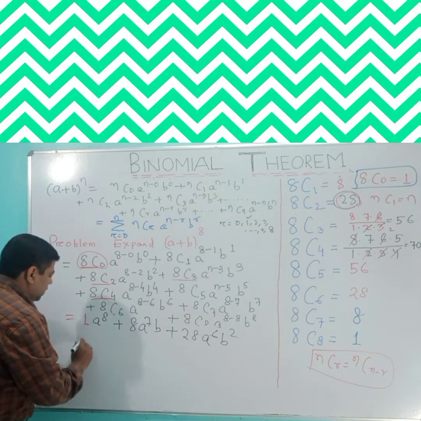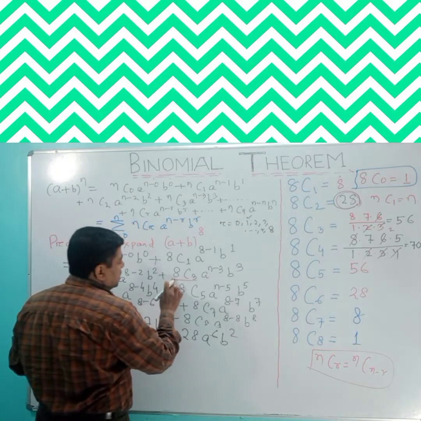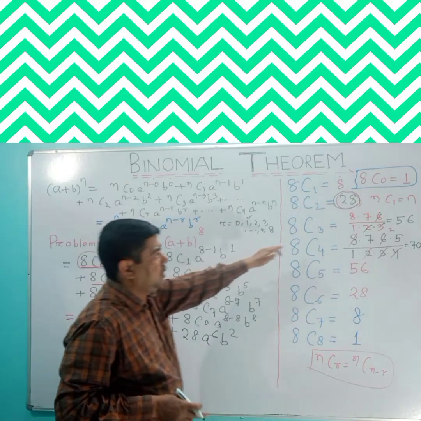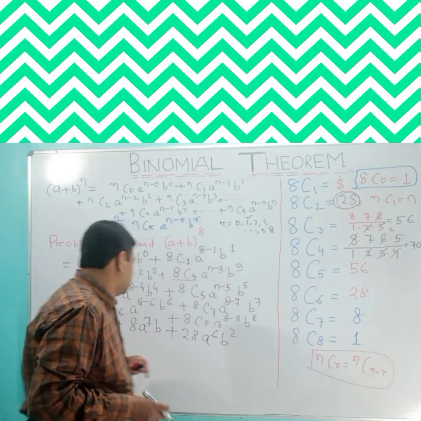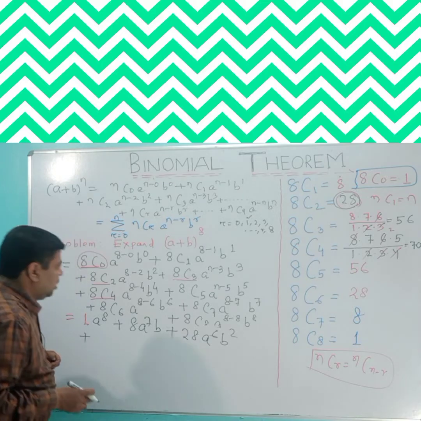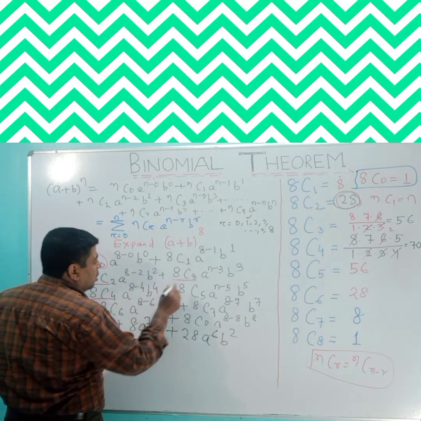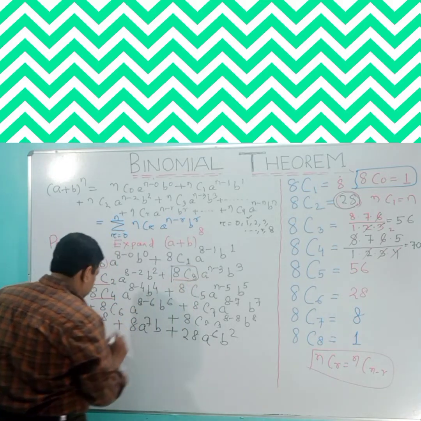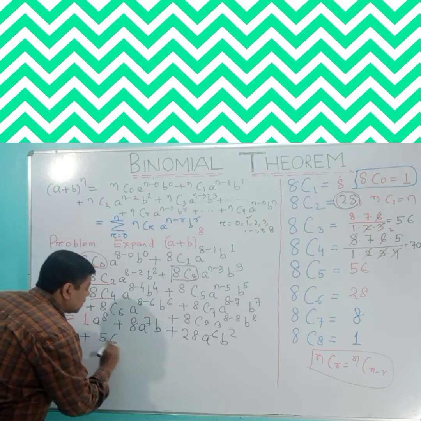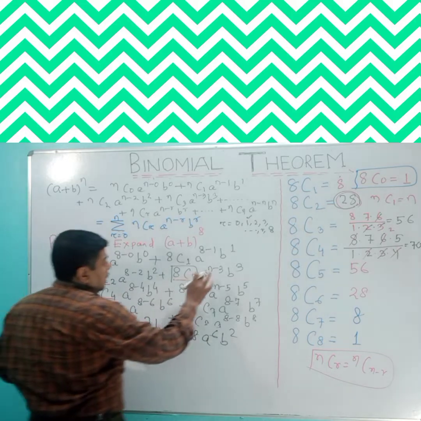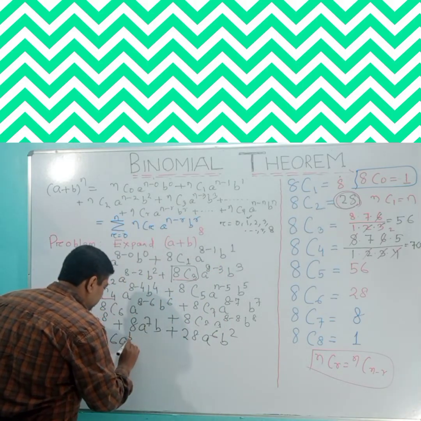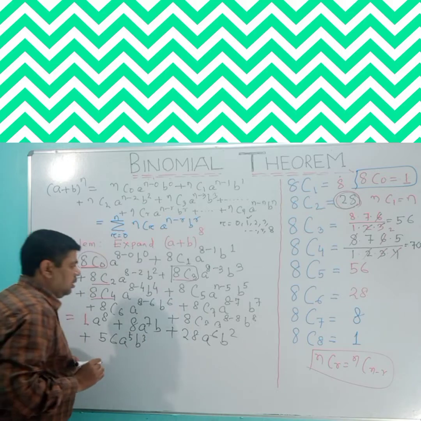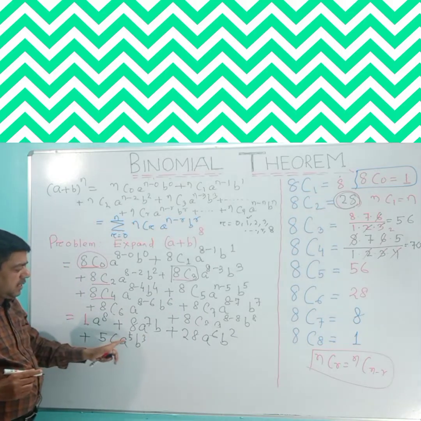Then 8C3, whose value is 56, and a to the power 8 minus 3, which is 5, and b to the power 3. Understand? And now see one interesting concept.